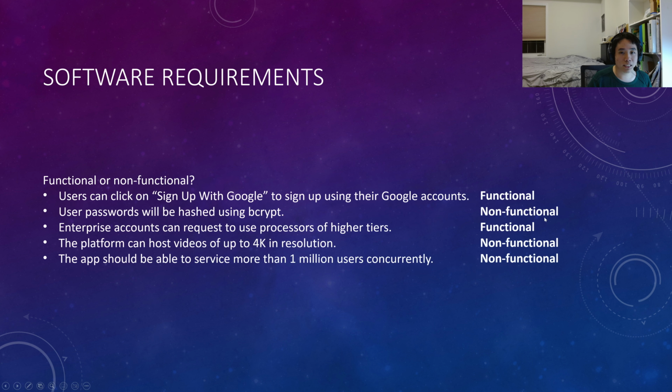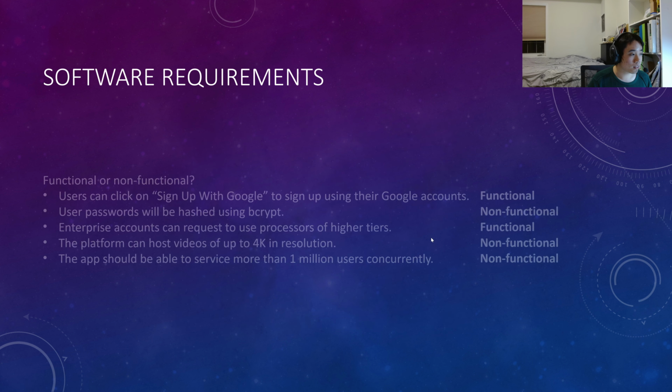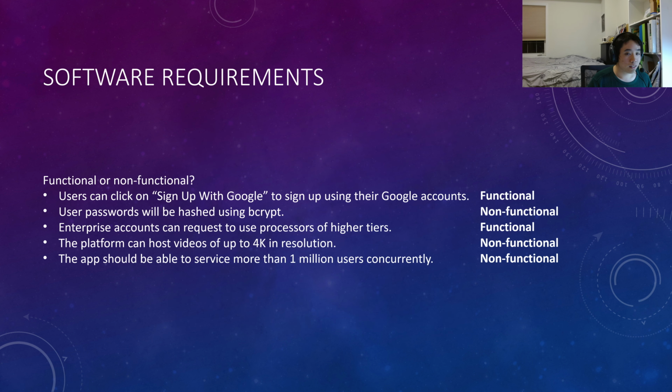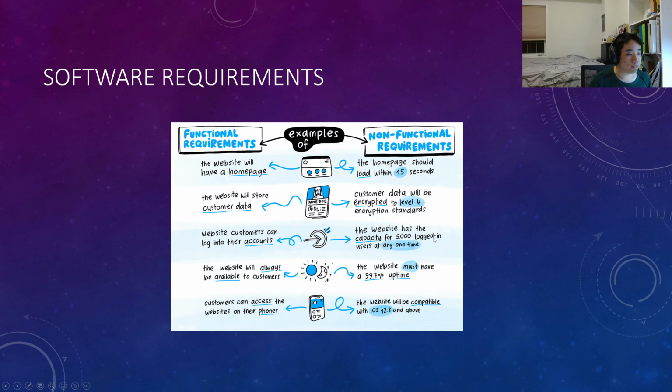I actually made this a non-functional requirement because I think I'm supposed to write that the service can service more than 1 million users at a time, like 1 million logged-in users at a time.